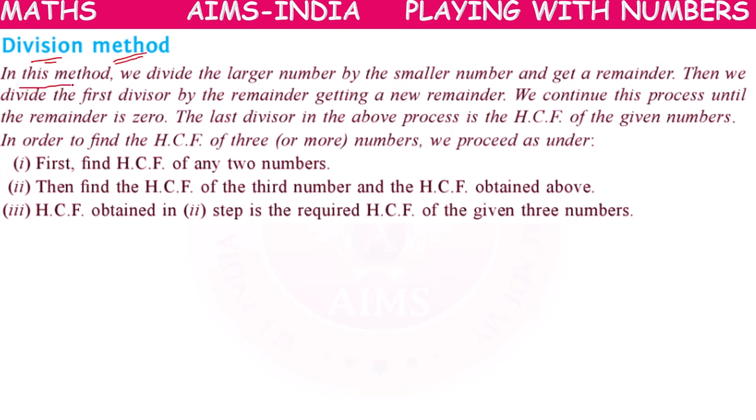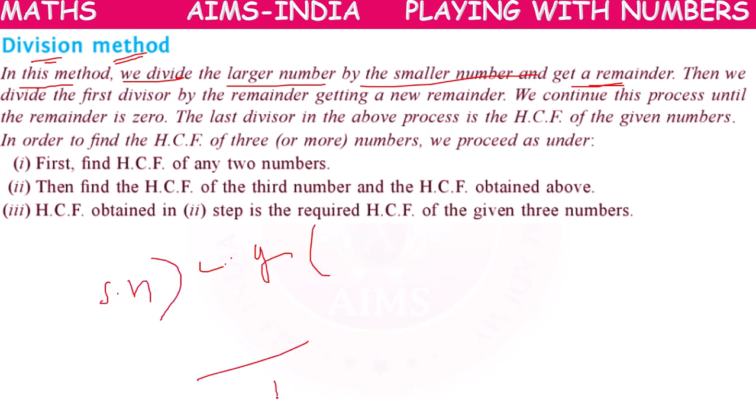In this method, we divide the larger number by the smaller number and get a remainder. Then we divide the first divisor by the remainder, getting a new remainder.